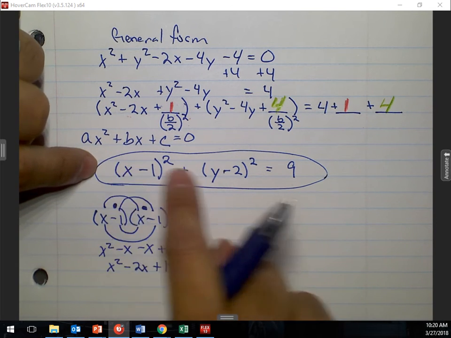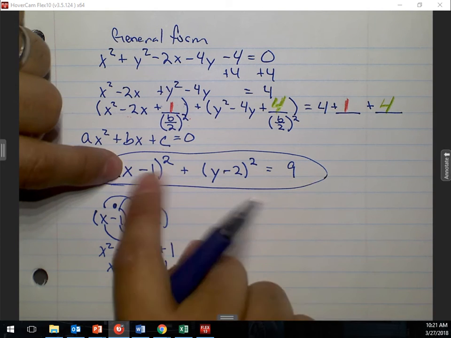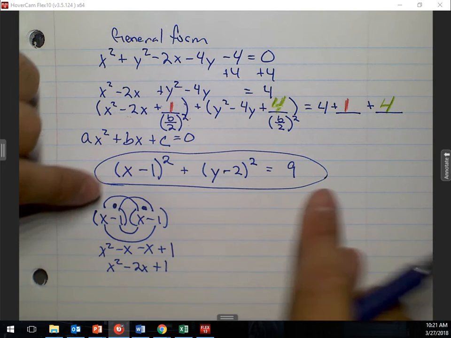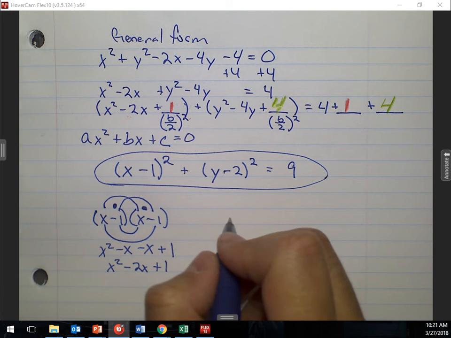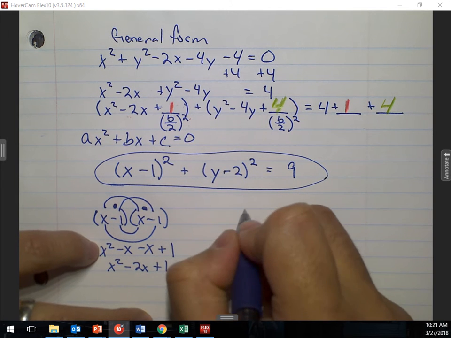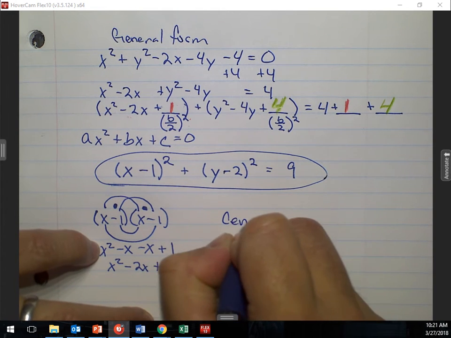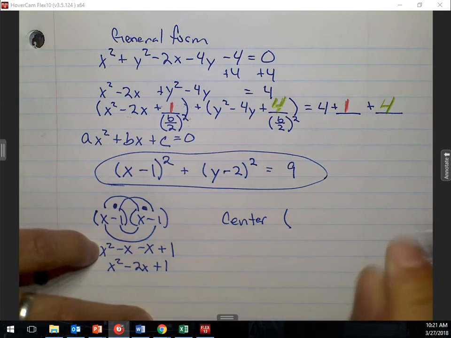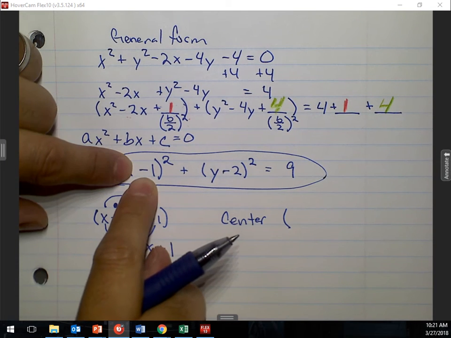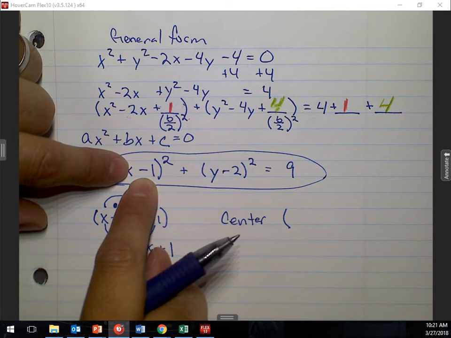So now, since I did this one right here, if I go backwards, so my center of the circle, where's this center going to be located at? It's x minus 1.